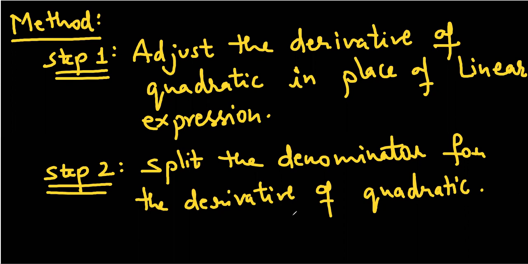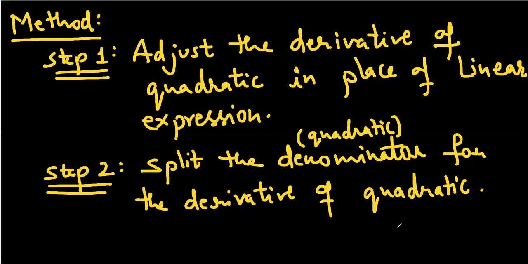What does that mean? Once you have expressed the numerator using the derivative of the denominator, that is, once you have expressed the linear using the derivative of quadratic, you should try to split the denominator. The denominator is nothing but the quadratic only, so you could also say: split the quadratic, that is, divide separately.